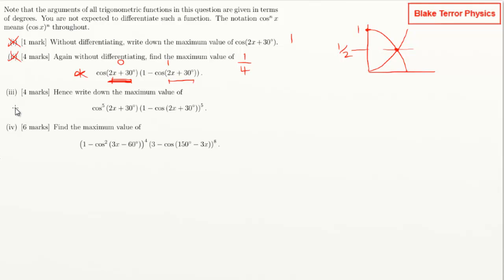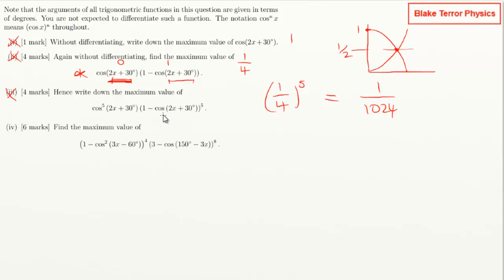Part 3, hence write down the maximum value of that. That's the same expression raised to the power of 5, and they're going to give us 4 marks for that. Well, that's going to be a quarter to the power of 5, which is 2 to the 10, so 1 over 1024.